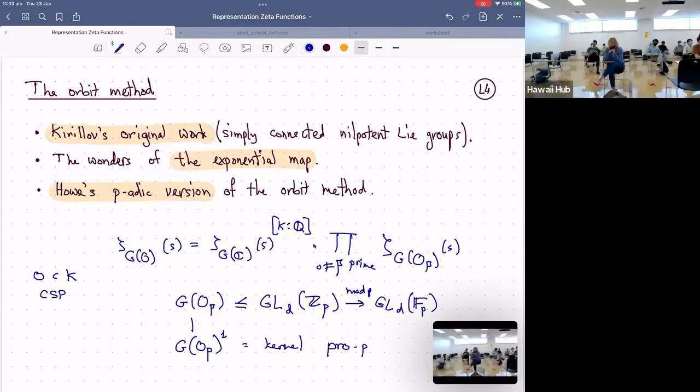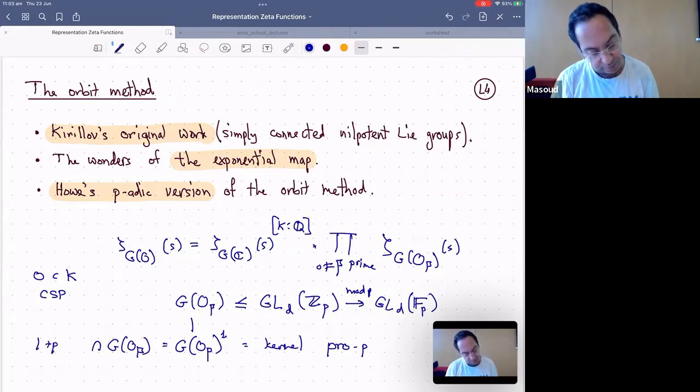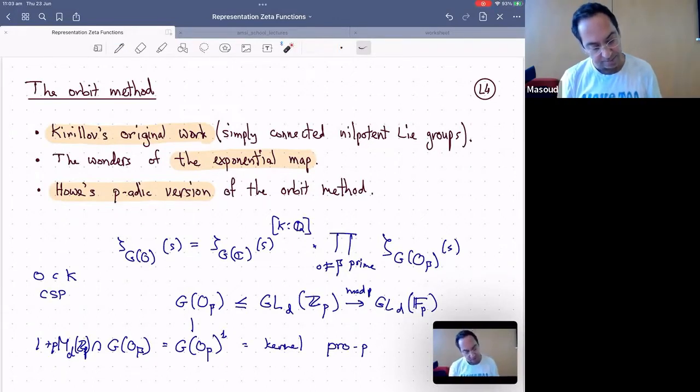simply because it is the intersection of G(O_p) with the first congruence subgroup of GL_d(Z_p). And this group here is a pro-p group. And so we're getting here a pro-p group.